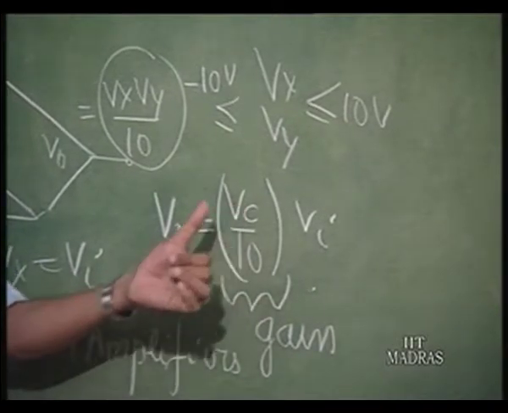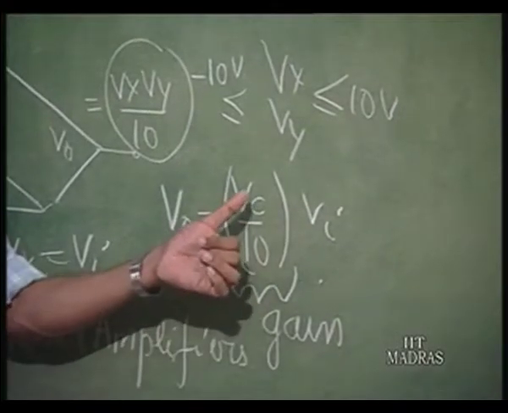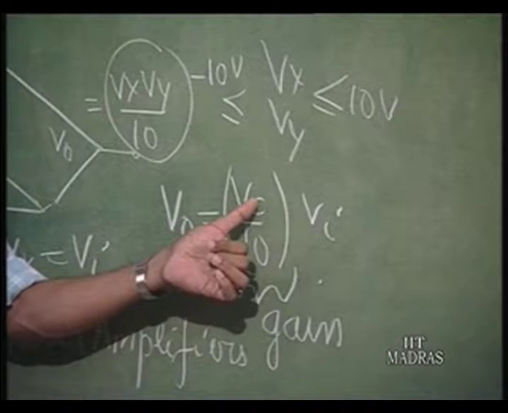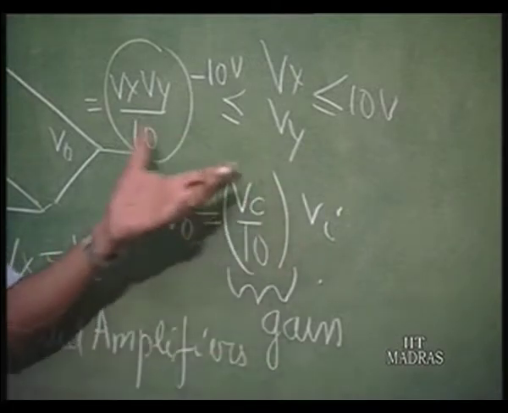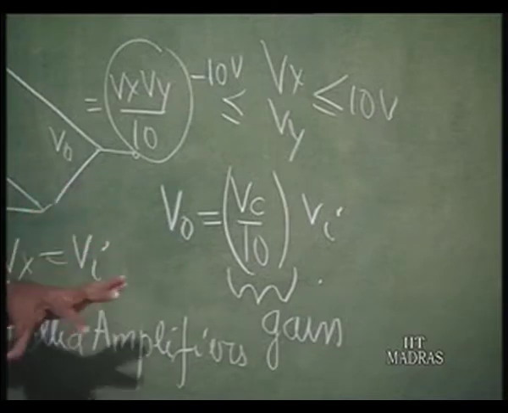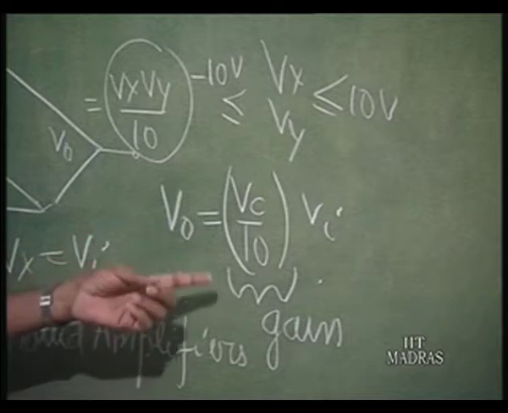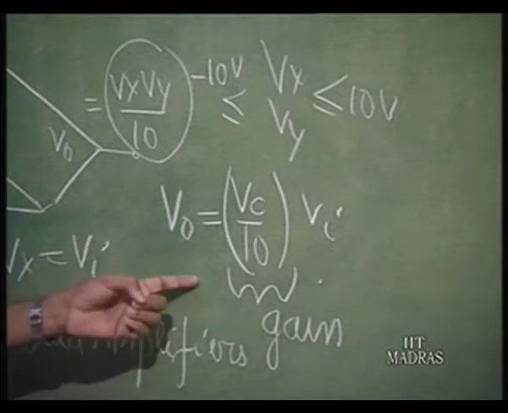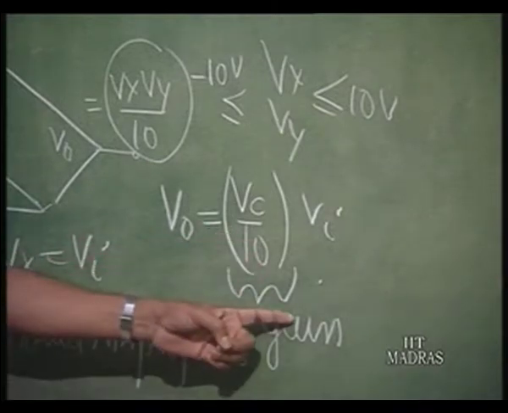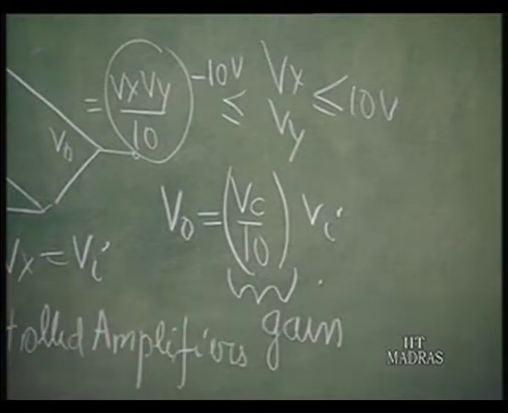So, it can become a non-inverting or inverting amplifier depending upon the sign of Vc, and the gain can be varied all the way from 0 to 1 linearly.